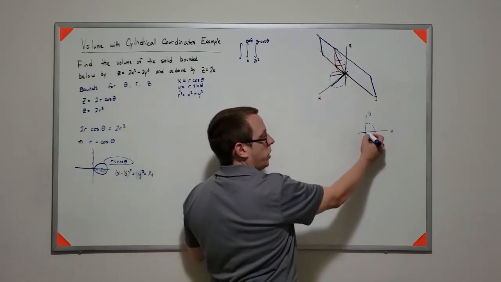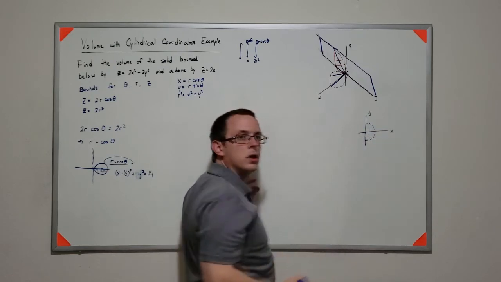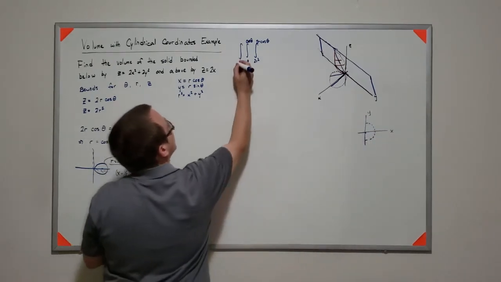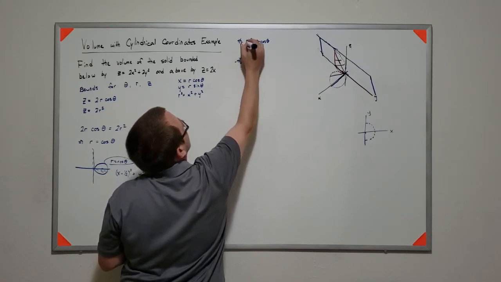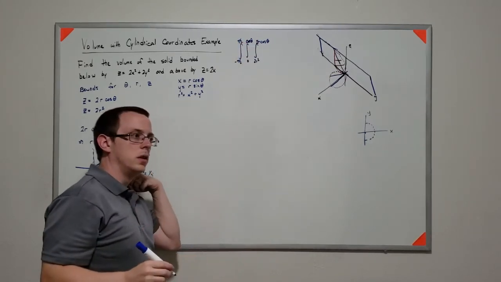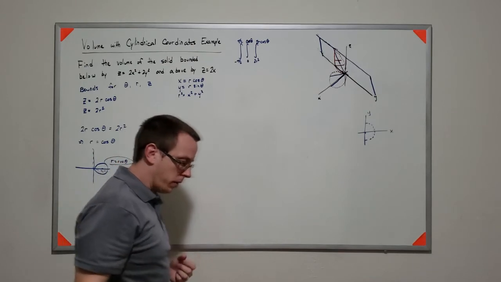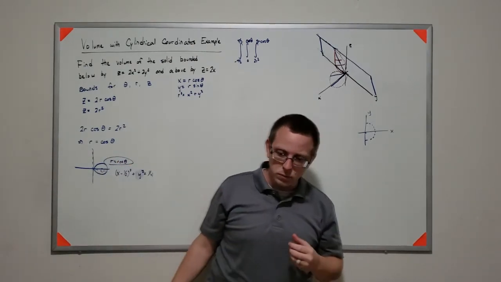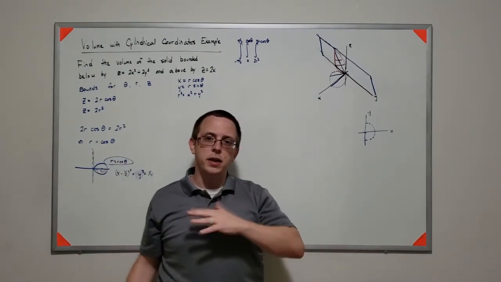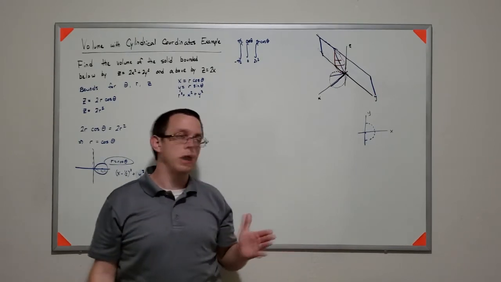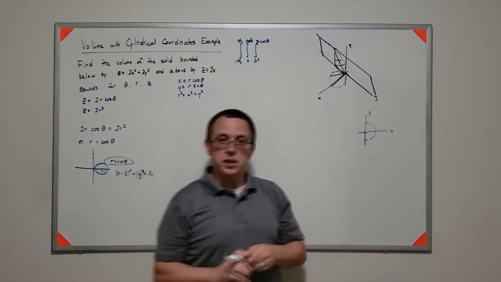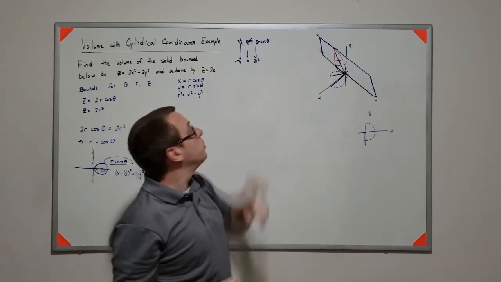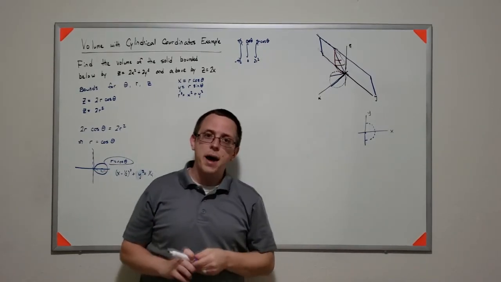Theta is only going from negative pi over 2 to positive pi over 2, and that's all we need to consider for that. So, given that theta is going from negative pi over 2 to positive pi over 2, r is going from 0 to cosine of theta, and z is going from 2r squared to 2r cosine theta, we have our bounds.